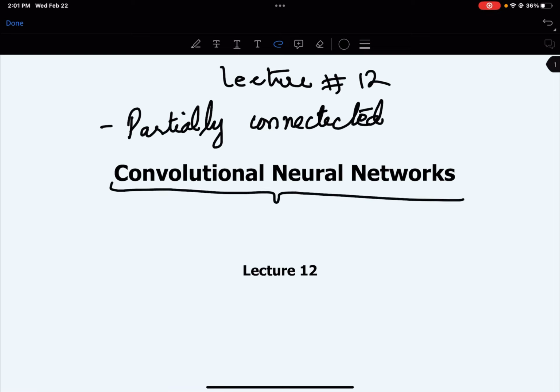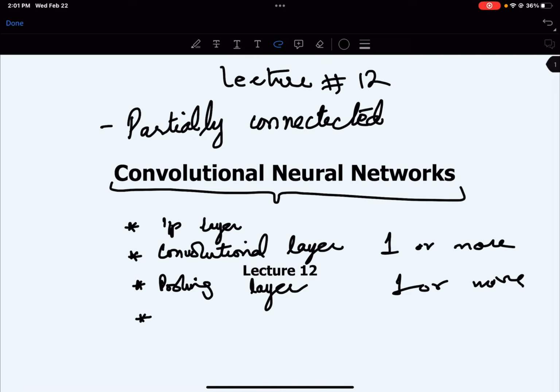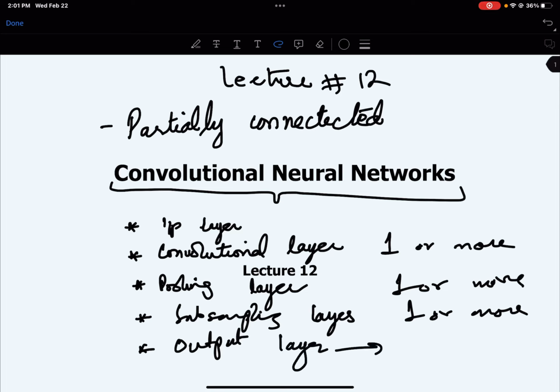So these convolutional neural networks are composed of the input layer, then we have the convolutional layer, one or more, we have the pooling layer, and we could have subsampling layers, and then we would have the output layer, where we can have our classification or our regression outputs.